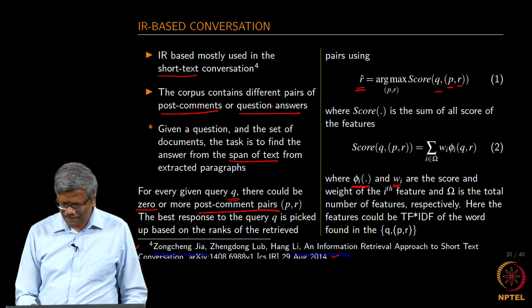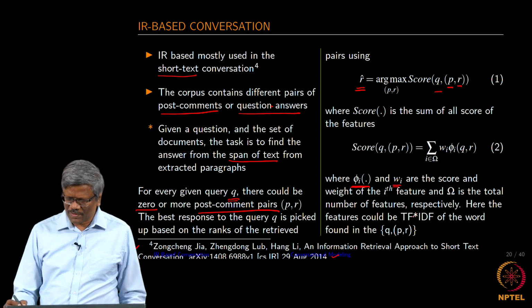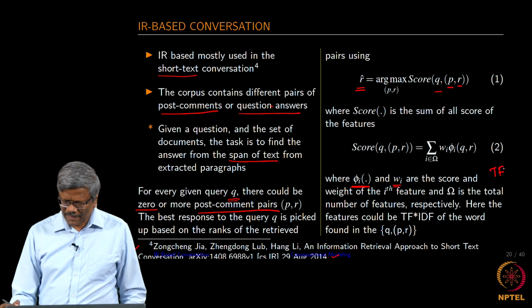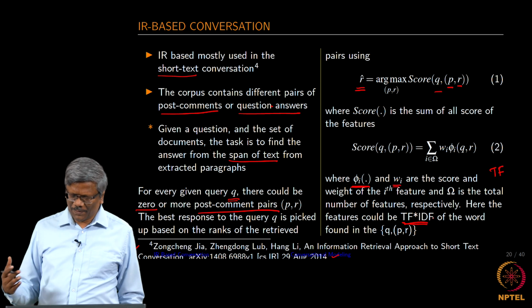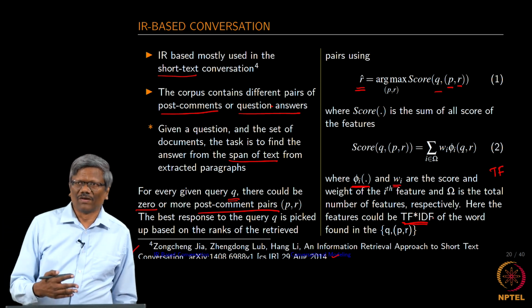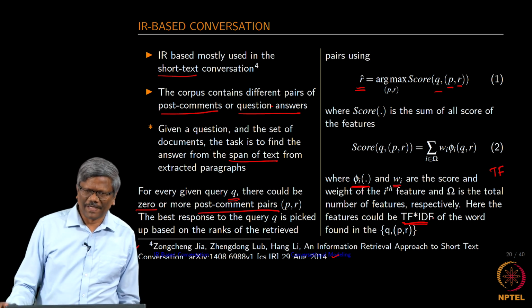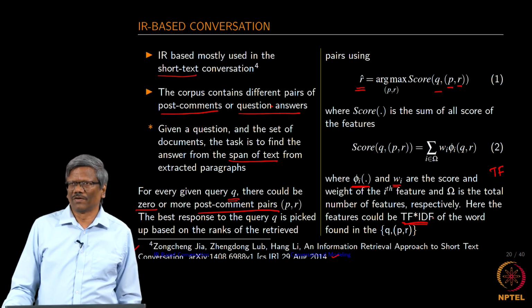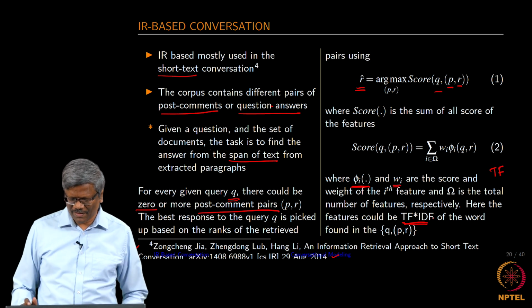We probably would use term frequency or TF-IDF, or some combinations of NER, or POS, the part of speech, as a set of features and so on.